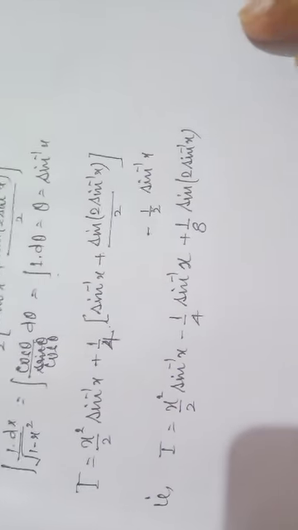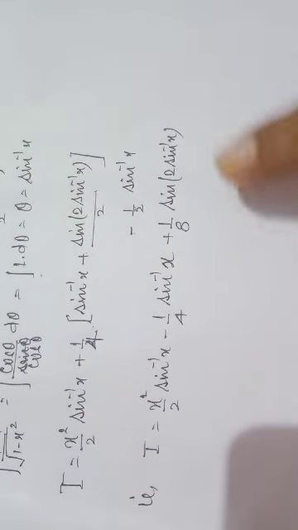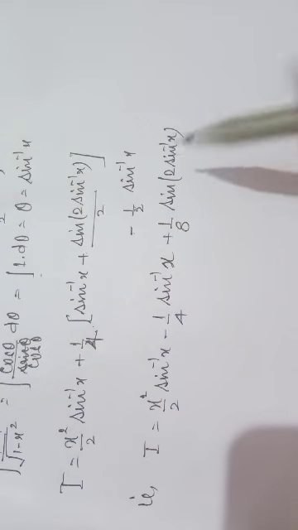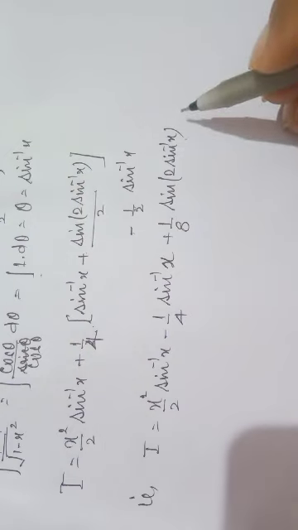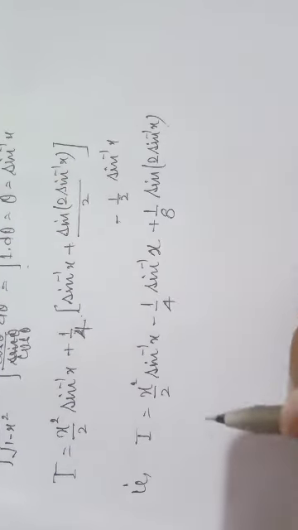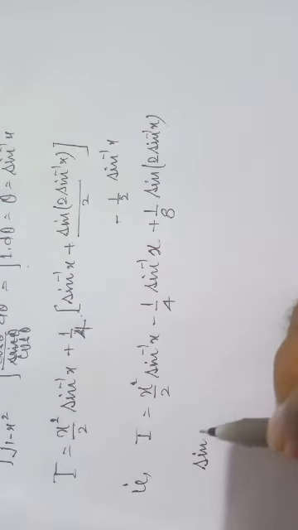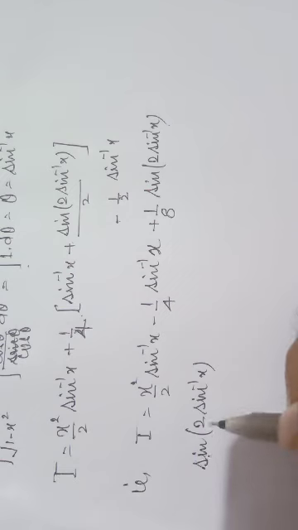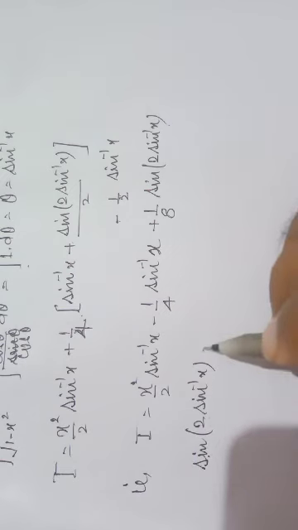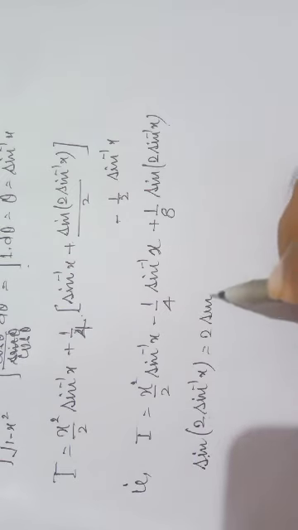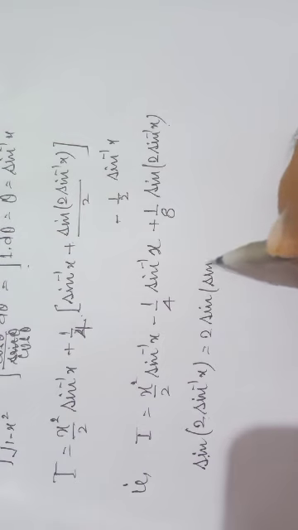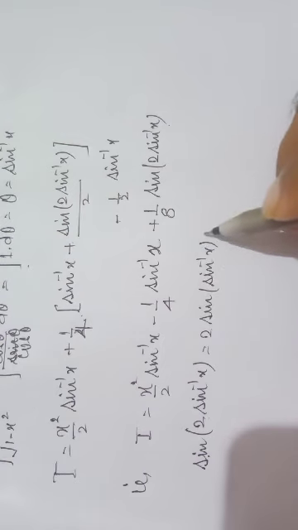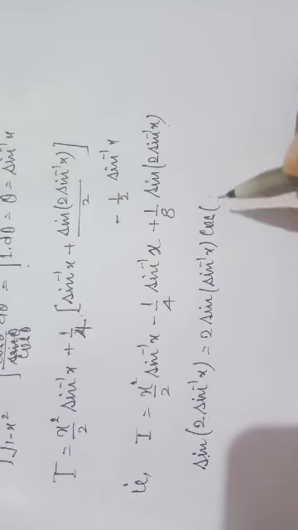I have already said, if you are able to find it, then calculate, otherwise you may write it here. But see how we find the value of sine 2 sine inverse x. Again it is the formula for sine 2 theta, that is 2 sine theta into cos theta.